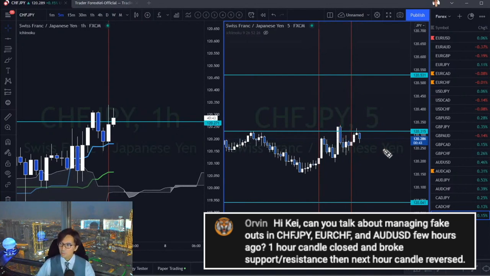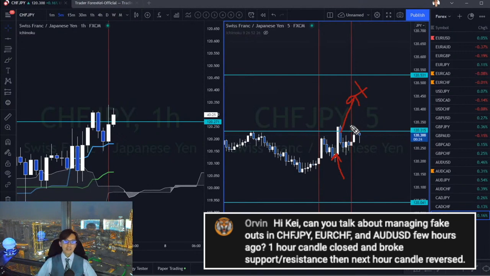But most likely you thought that this was a fake out because you saw this long bullish candlestick in 5, and you expected the next candlestick to be continuously bullish. But it didn't happen. And that's why you thought it's a fake out.